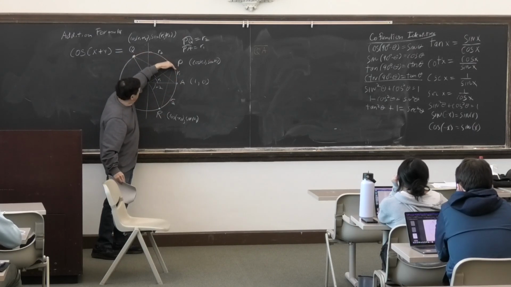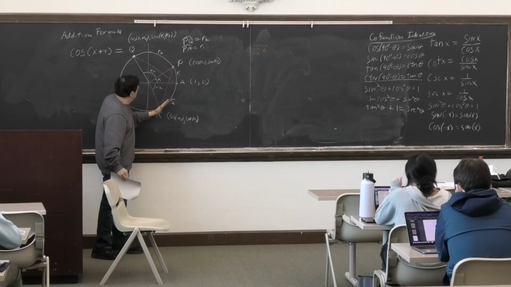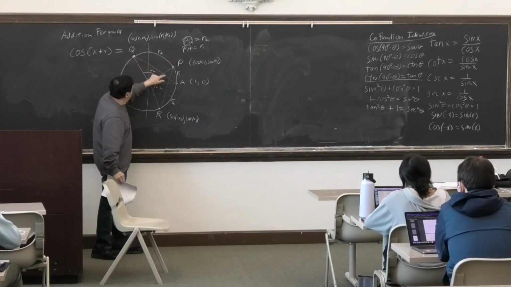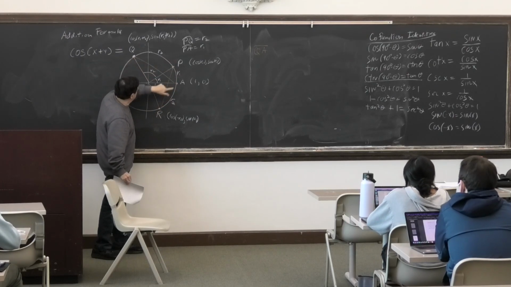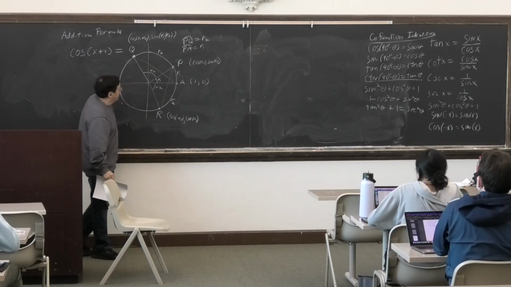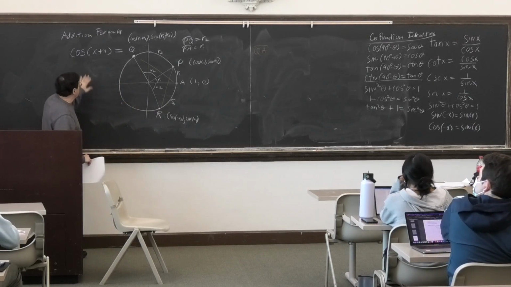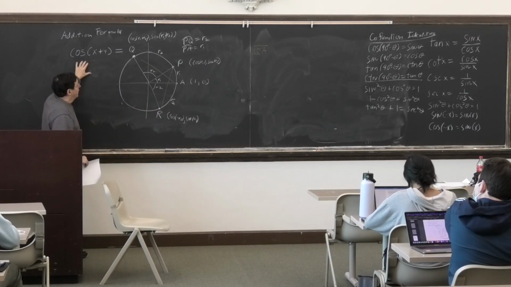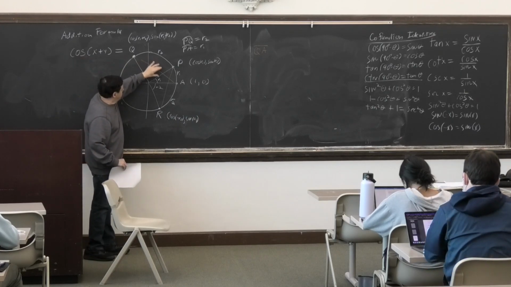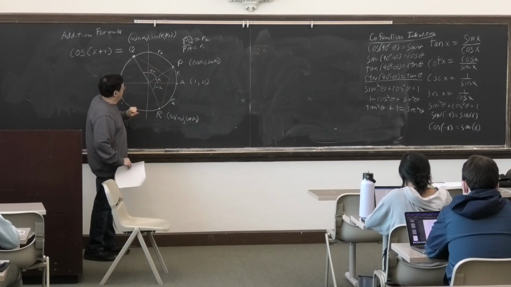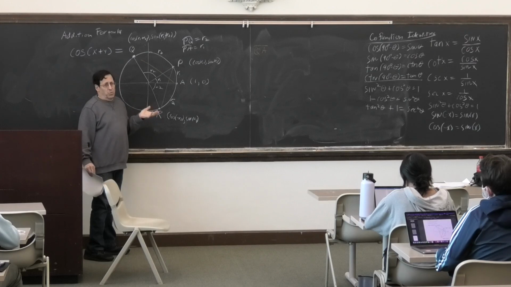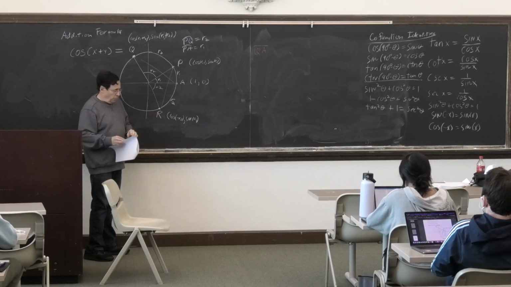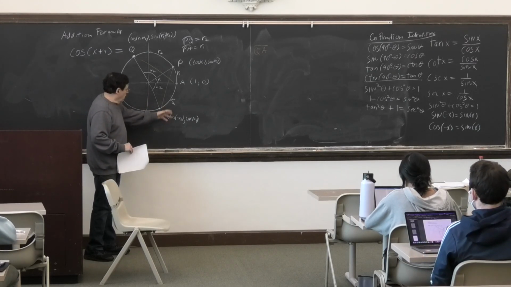So since these arcs are the same, from geometry we know the length of these two lines is going to be the same. So what we're going to do to get this formula is equate the lengths of these two lines. How are we going to find the lengths of the lines? Well, we're going to use the distance formula on the coordinates.